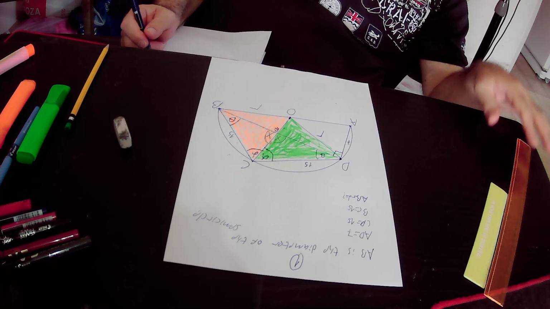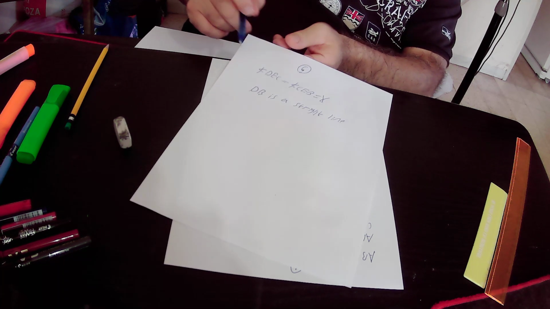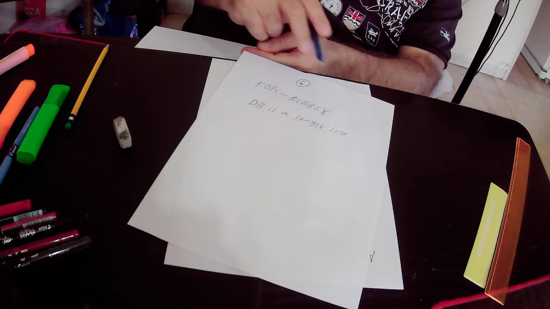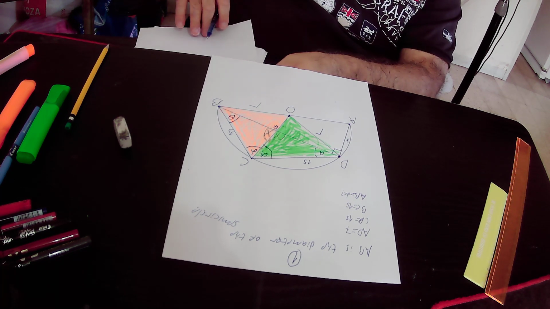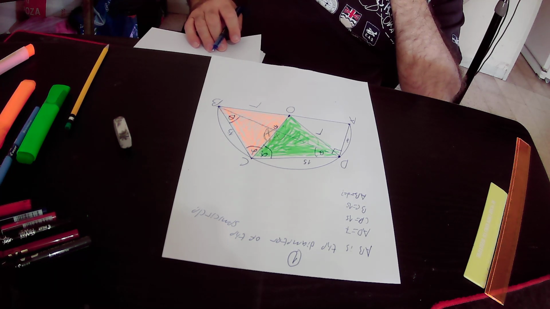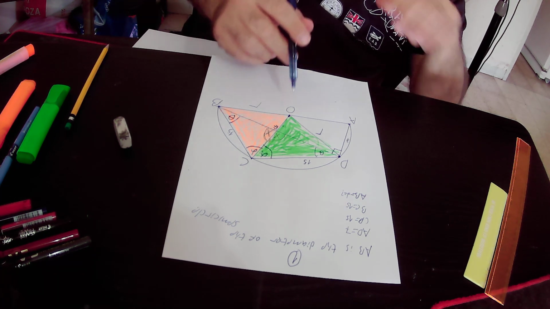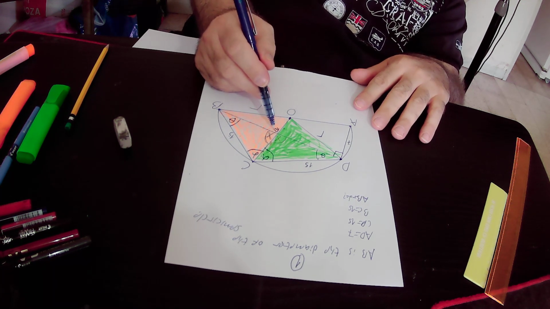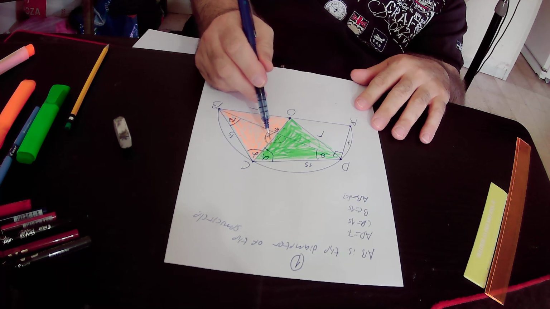Okay, chord DB is a straight line, and we have a rule about straight lines that states that the sum of the angles along a straight line at a certain point and at one side is equal to 180 degrees.